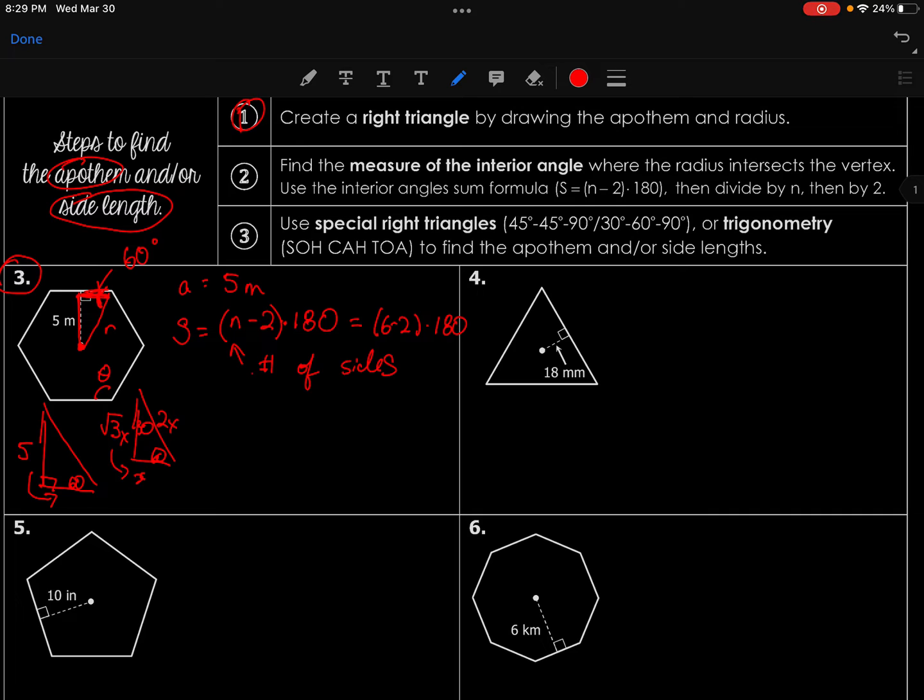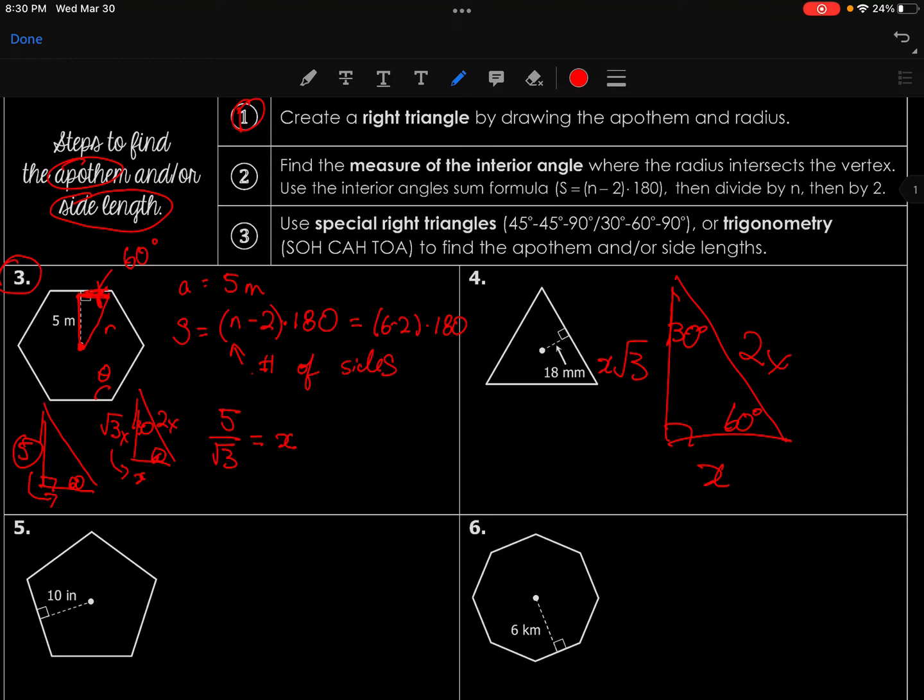You divide 5 by square root of 3. So it's 5 divided by square root of 3, and that will give you x, the short side of a 30, 60, 90 triangle. If you don't remember, I'm going to draw it out bigger. It's x, x square root 3, 2x.